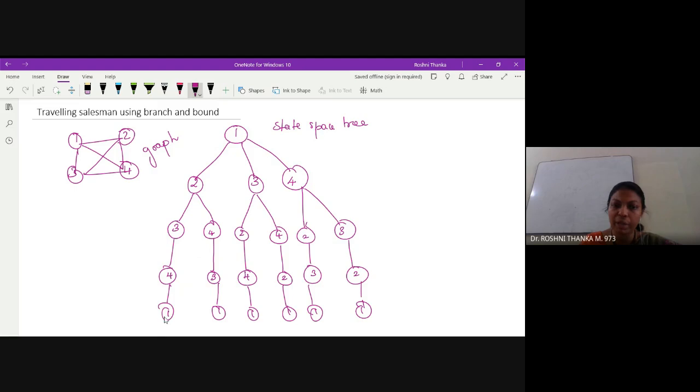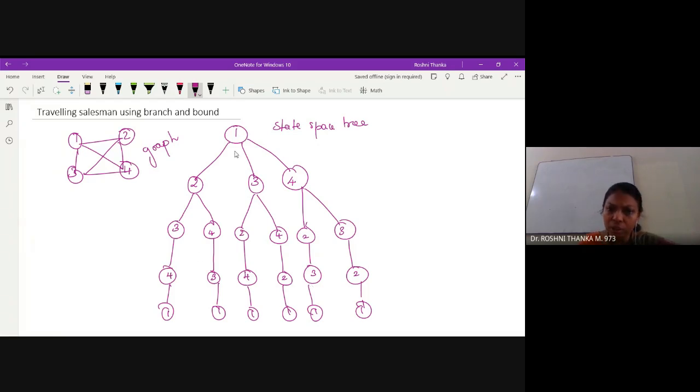If anything fails, we backtrack, come back, and go to another branch. If something goes wrong again, we backtrack, and this is how we traverse. So it is like depth first: we go to the depth and then backtrack. This is what happens in backtracking.